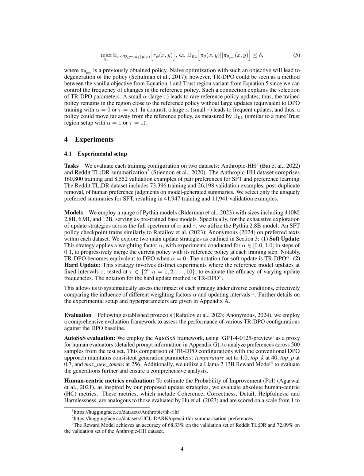The choice of alpha and tau values in TR-DPO is crucial for determining the frequency and magnitude of updates to the reference policy. A small alpha or large tau results in rare reference policy updates, keeping the trained policy close to the reference policy, similar to DPO training with alpha equals 0 or tau equals infinity.